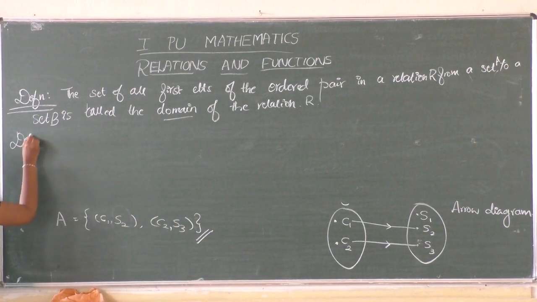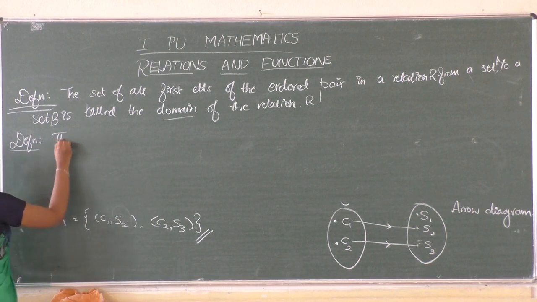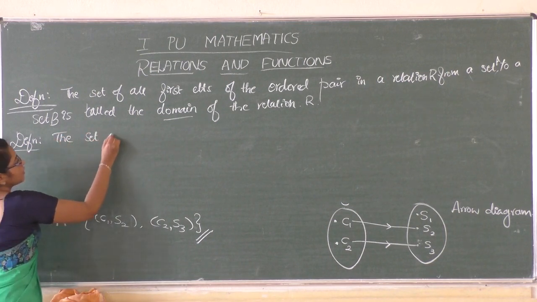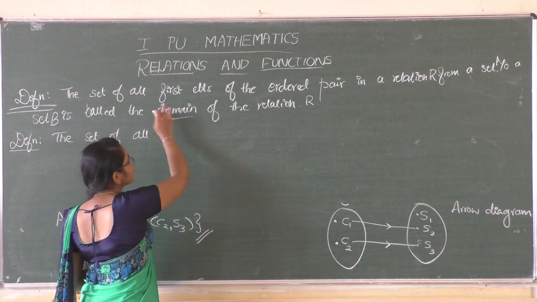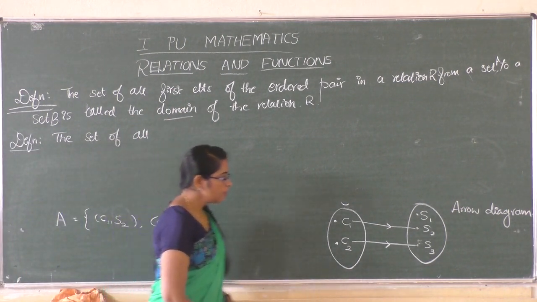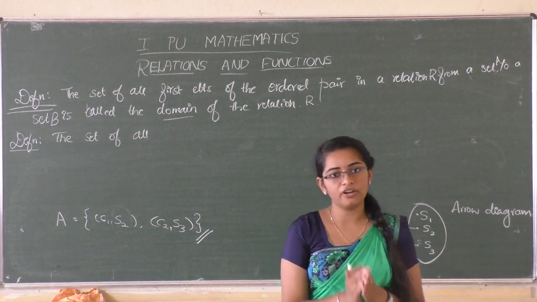Similarly, the set of all second elements. This is a set of all first elements. See, we have a relation, we have ordered pairs, right?